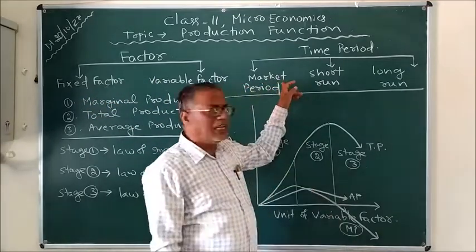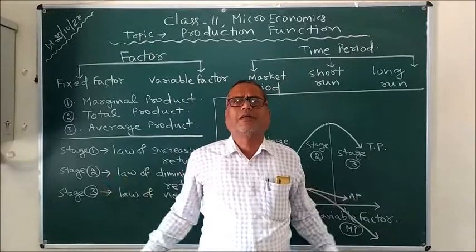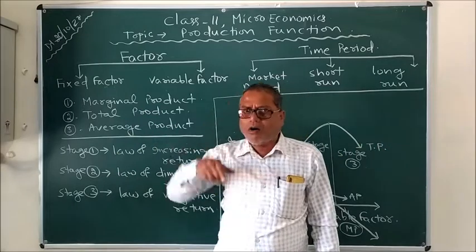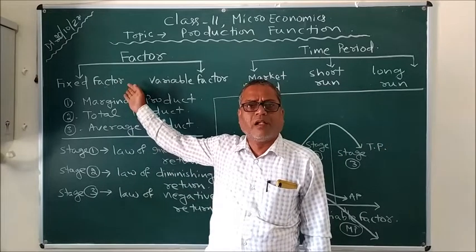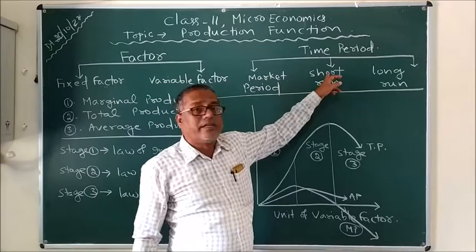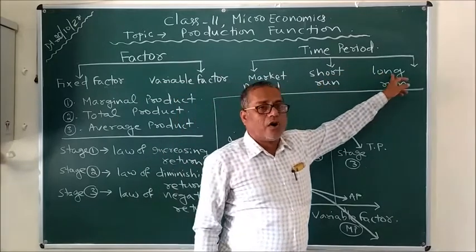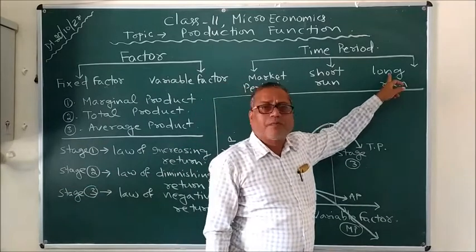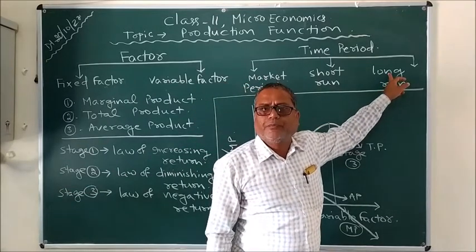Thus, market period is not the subject matter of our discussion, because we are interested to know how we can increase production, and that's why we will be interested in short run and long run. Given your limited syllabus, long run production function is not part of your syllabus.